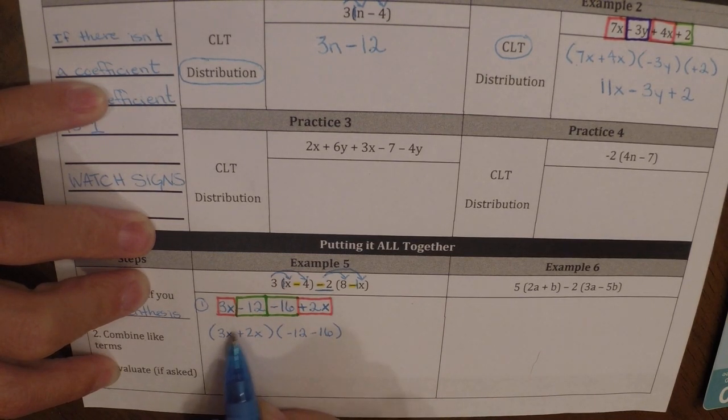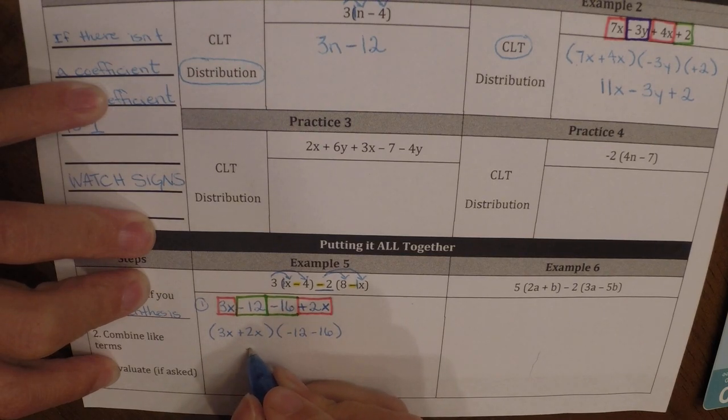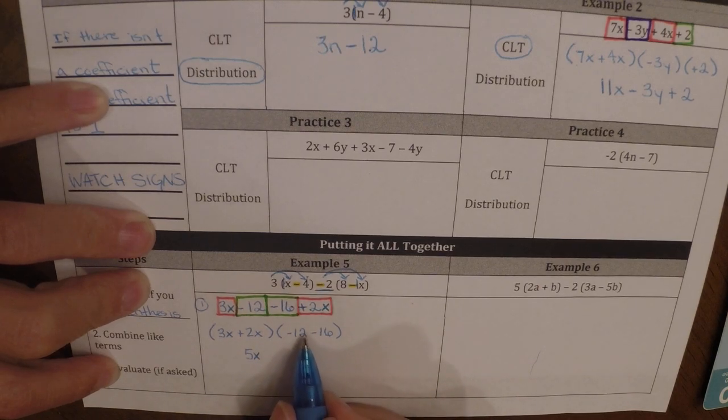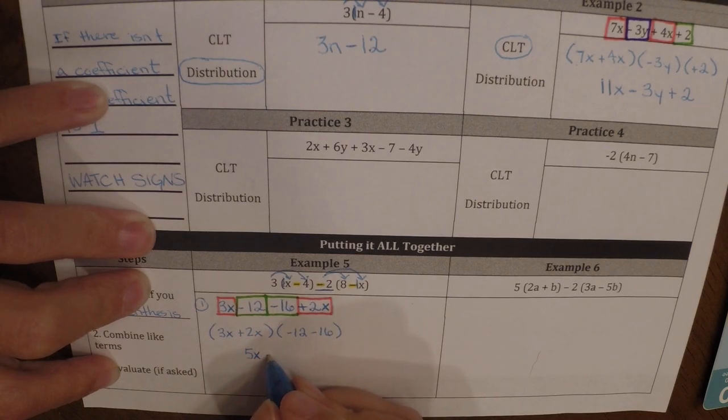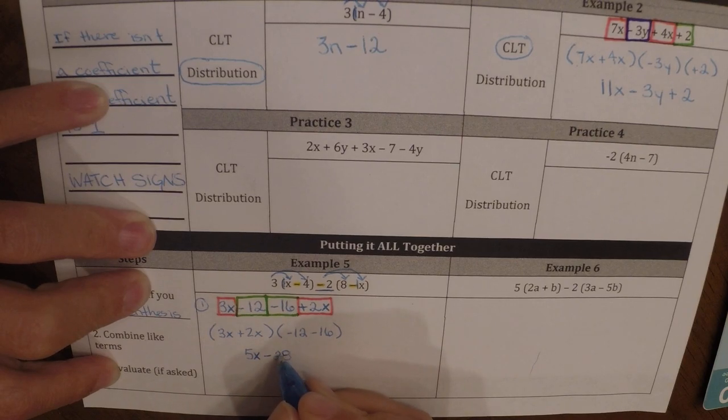So I would do this, 3x plus 2x. Well, 3 plus 2 is 5, so I have a 5x. And then if I do negative 12 minus 16, I would get a negative 28.